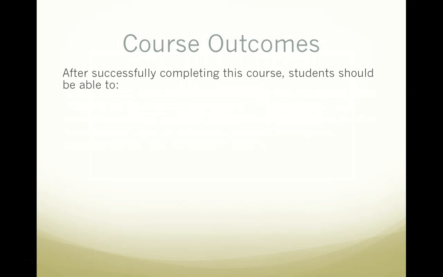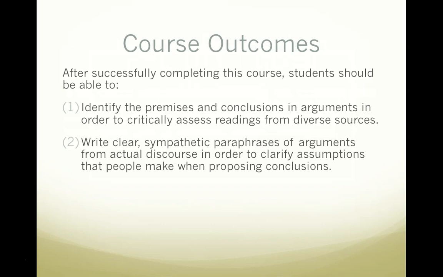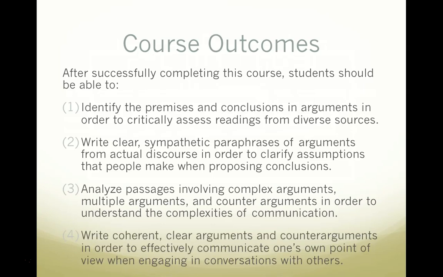After successfully completing this course, students should be able to identify the premises and conclusions in arguments in order to critically assess readings from diverse sources, write clear, sympathetic paraphrases of arguments from actual discourse in order to clarify assumptions that people make when proposing conclusions, analyze passages involving complex arguments, multiple arguments, and counter-arguments in order to understand the complexities of communication, and you'll be able to write coherent, clear arguments and counter-arguments in order to effectively communicate your own point of view when engaging in conversation with others.